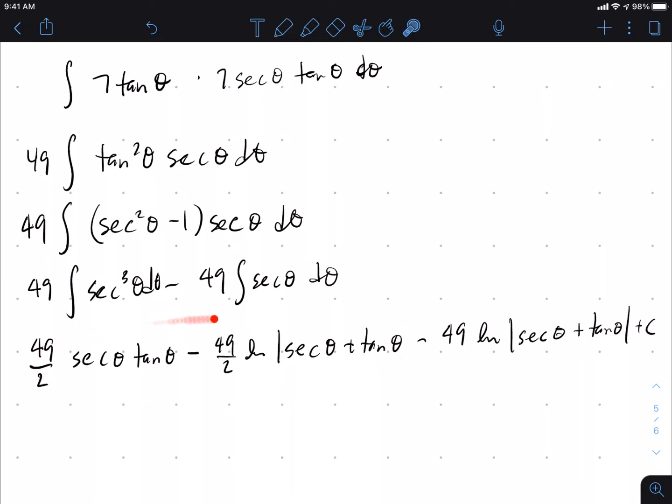This part is the cube. This last one is just secant. That's what I gave you guys when I just did that example up above.